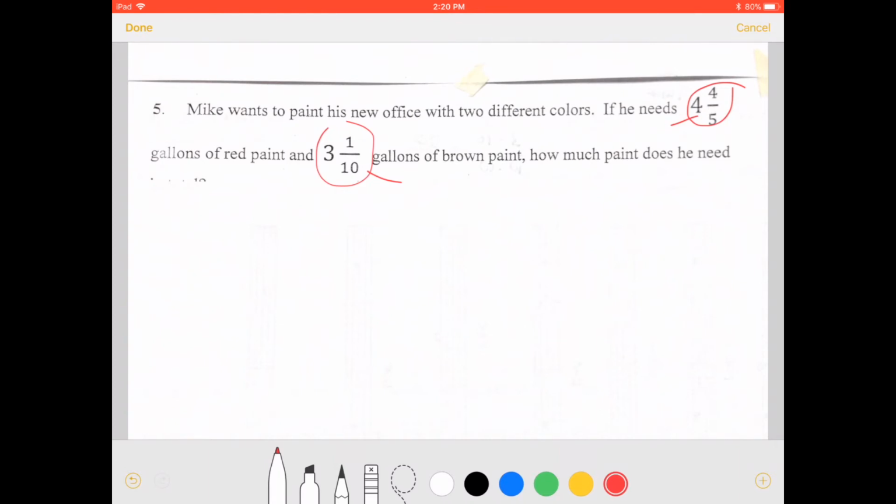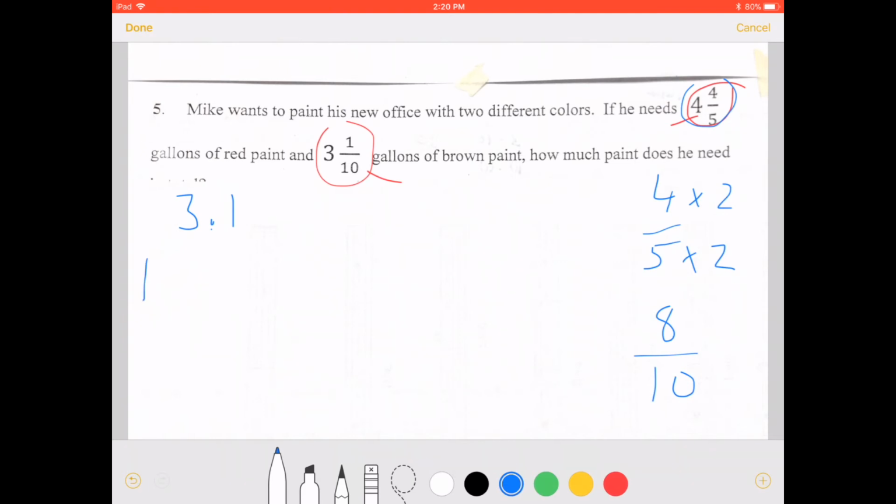Well, 3 1/10 can easily be changed into 3.1. 4 4/5 you might have to convert, but it won't be hard, because 4/5 you could multiply the numerator and the denominator by 2 and end up with 8/10. So then you could change this 4/5 into 8/10. So instead of 4 4/5 you could have 4 8/10, which makes this problem easier.